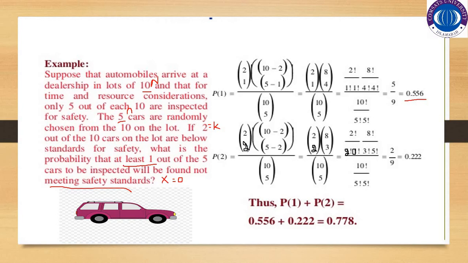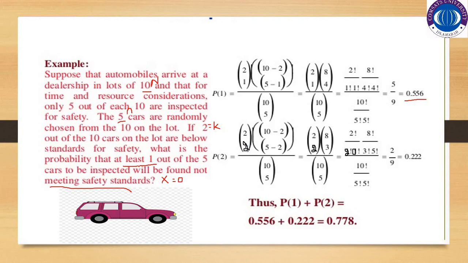And as you have to find out the probability that at least 1 out of the 5 cars inspected will be found not meeting the safety standards, we will add both the probabilities: probability of 1 car not meeting the safety standard plus probability of 2 cars not meeting the safety standard.